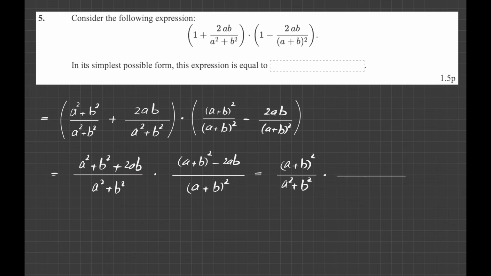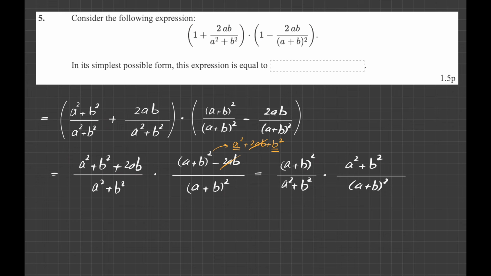For the denominator of the second one, I just write this one, but then hopefully you realize that this expression here can be written as a squared plus 2ab plus b squared. And then what happens? This 2ab here and that 2ab there are gone. So what is left is a squared plus b squared. That's exactly what I will write down there. So this becomes a squared plus b squared.